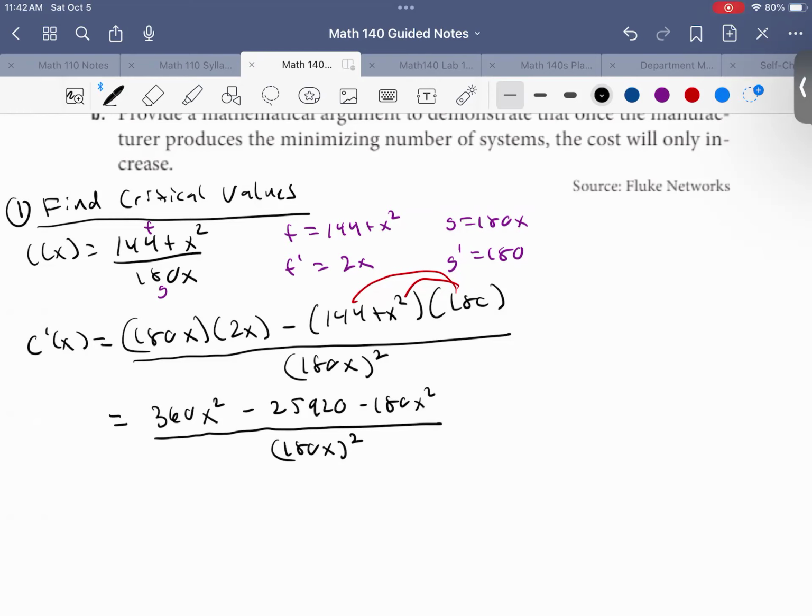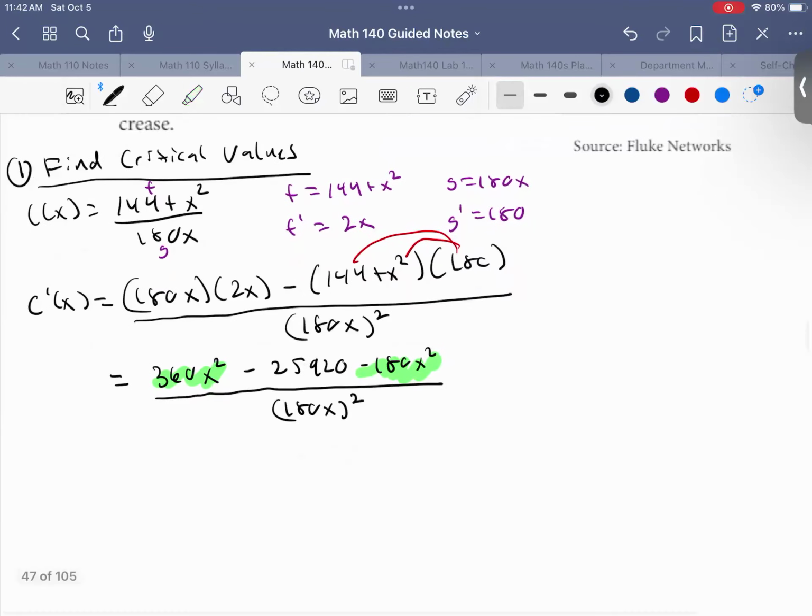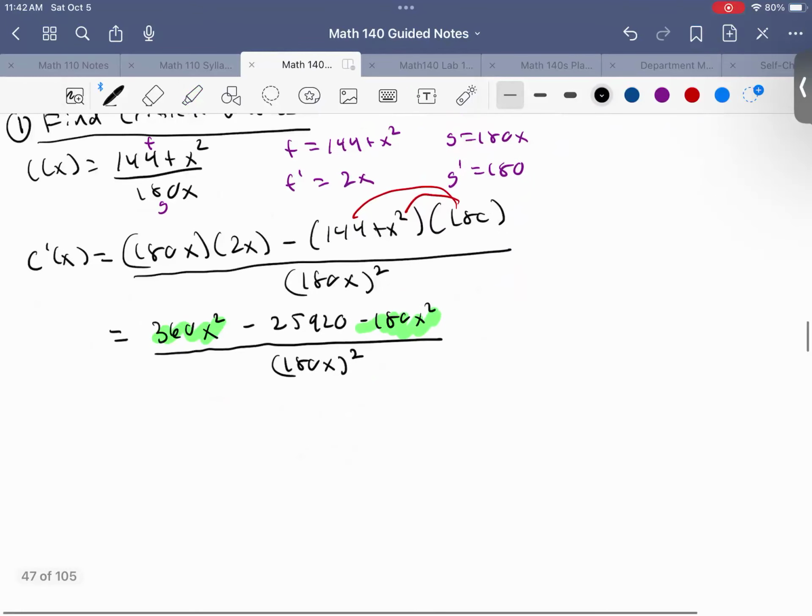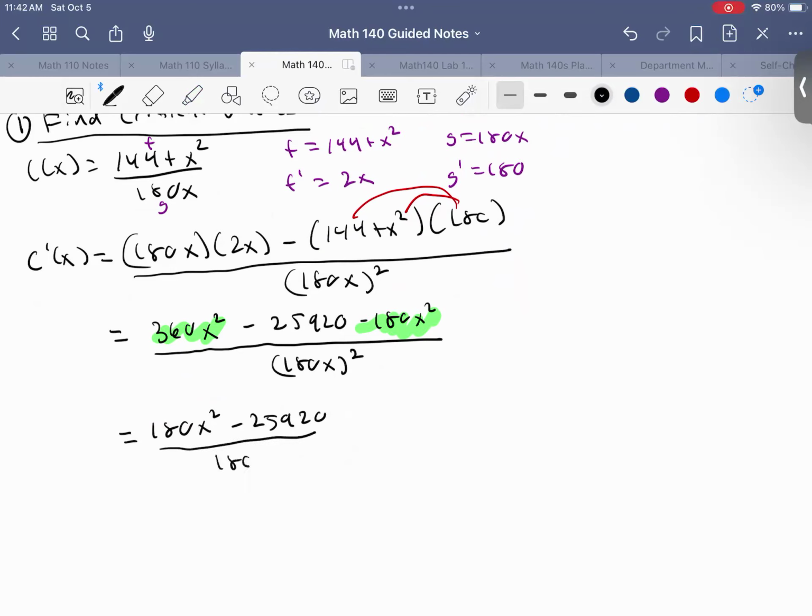I have a couple of like terms here, 360x squared and negative 180x squared. I can combine those into 180x squared minus 25920, all over 180x squared.